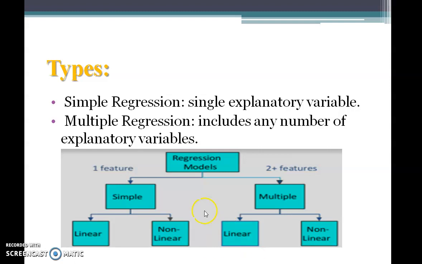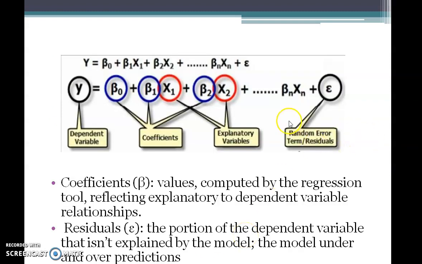Regression is of two types, linear regression and non-linear regression. Both simple and multiple regression again have these two types. This is the expression for regression: y is equal to beta 0 plus beta 1 x1 plus beta 2 x2 plus and so on up to beta n xn plus epsilon, which is a random error.